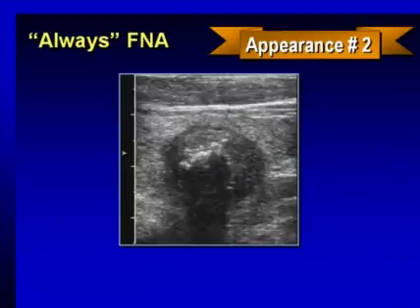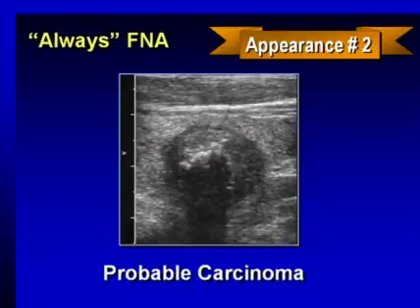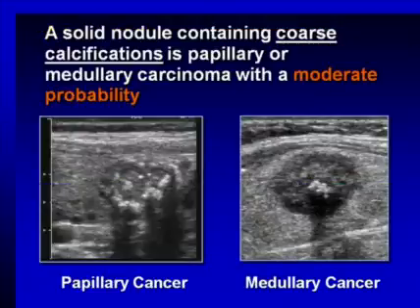A second type of appearance that always comes to fine needle aspiration is the nodule that is solid and hypoechoic and has coarse or larger calcifications within it, and that's probable carcinoma. These coarse calcifications can be seen in papillary cancer. It's a dystrophic type of calcification, or medullary cancer.